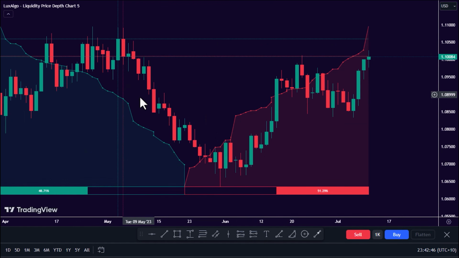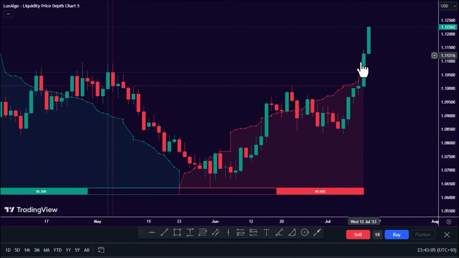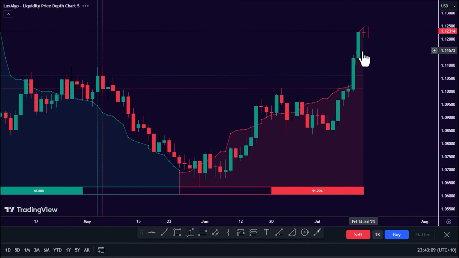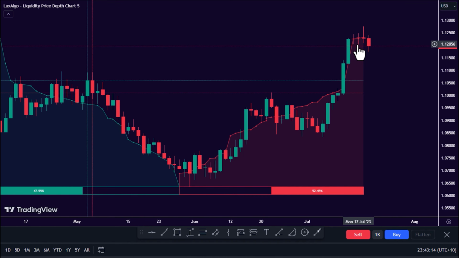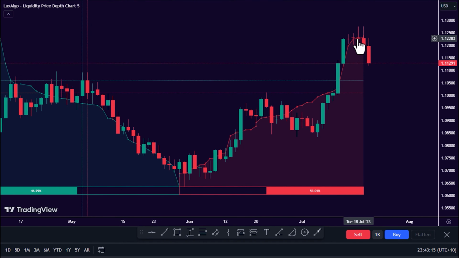How can we detect short positions with the liquidity price depth chart indicator? To generate a bearish trading strategy, Step 1. Look for a bullish swing on the price chart. Step 2. Look for the price to trade into the red dotted line. Step 3.